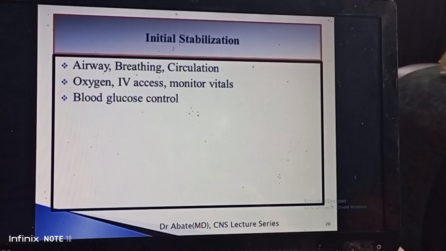So you have to check the blood glucose level initially. That is for all patients presenting to emergency with symptoms suggesting stroke. You have to do all these things.